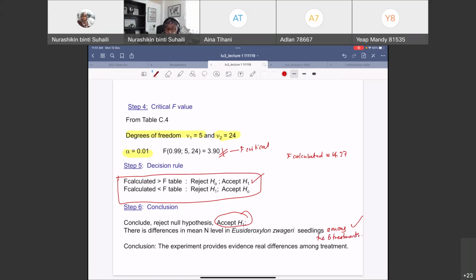So this is the conclusion that you have to write. So there's a difference. Yeah? Okay, any questions? So this is ANOVA analysis.